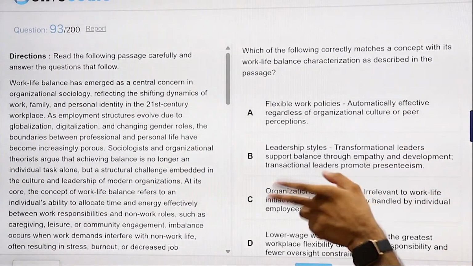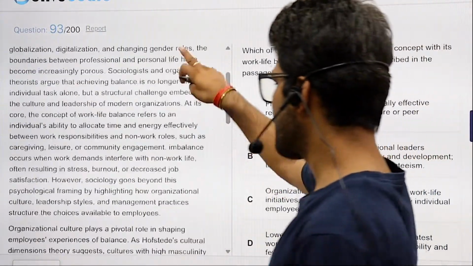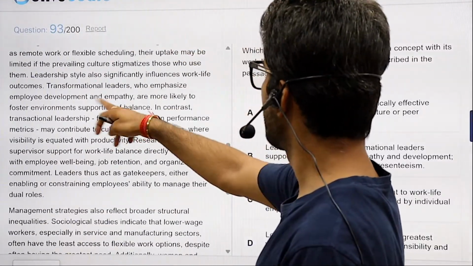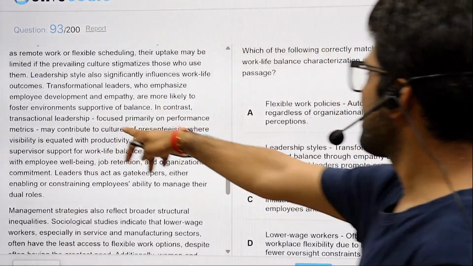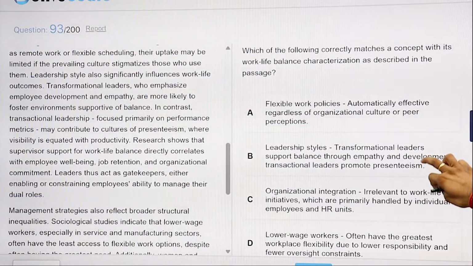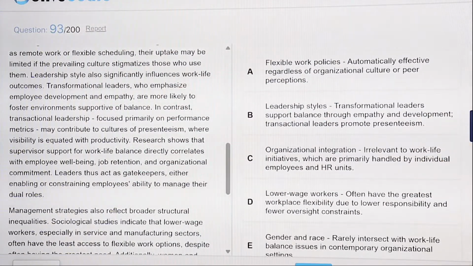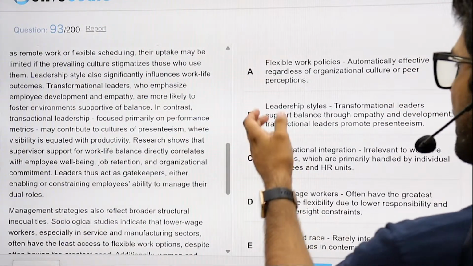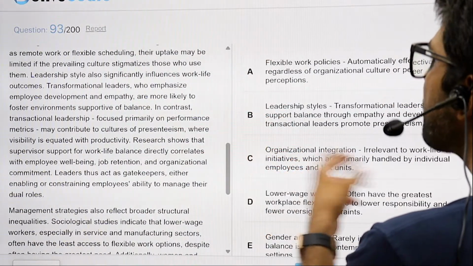Which one correctly matches the concept? It was marked straight, I think. This, yeah, somewhere here. Transactional leadership. Let's check. Flexible work policies automatically effective regardless of culture or peer perceptions. I think that was the feminine one, not for all, but we can check. In contrast, okay, we can see there.